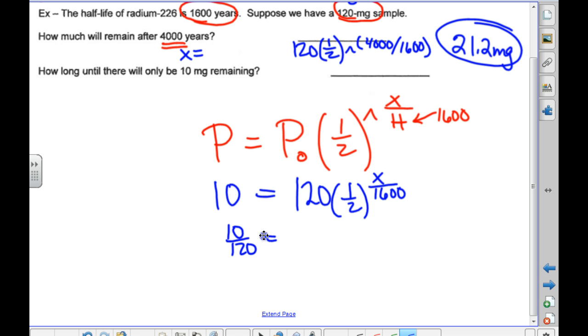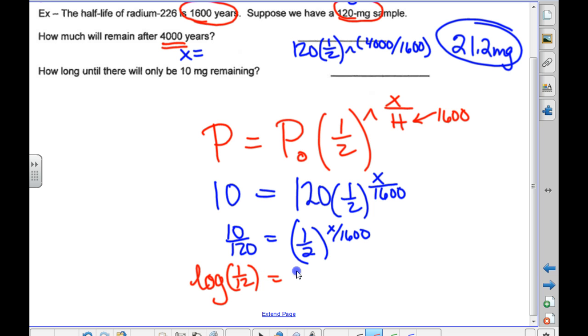And then because x is in the exponent, we're gonna have to do what? Yep, take some kind of log of both sides, and it doesn't matter what kind, as long as you do the same one to both sides. 10 over 120 will reduce to 1/12, or you can leave it 10 over 120 until you type it in, doesn't matter.